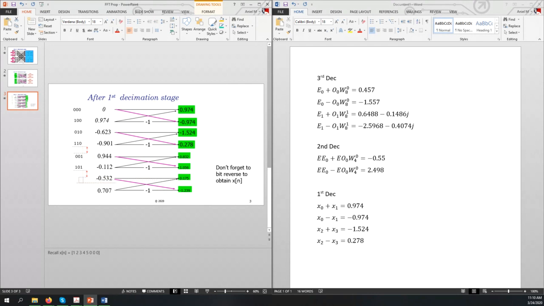This one here will be in position 6, so this will mean 1, 1, 0. But because this is reversed, this now becomes 0, 1, 1.